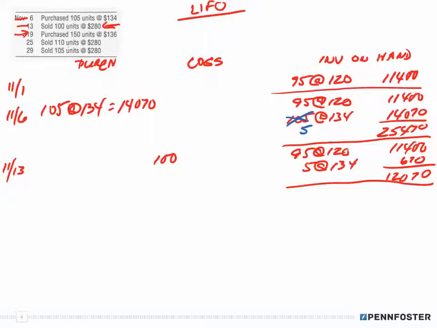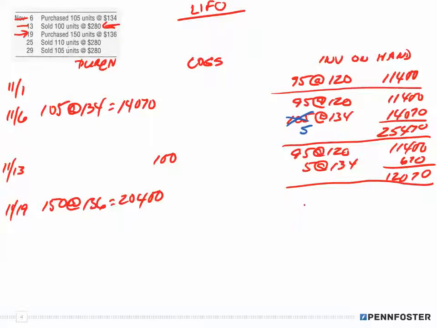Now for 11/19, we're going to purchase 150 units at 136, which gives me 20,400. Now the journal entries for 11/19 should be identical to the ones I make on 11/6 for the purchase. The only difference will be the amounts that we're using.